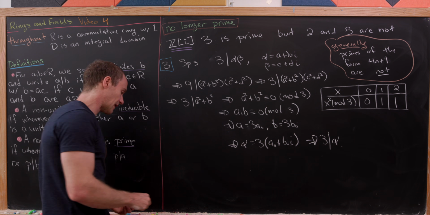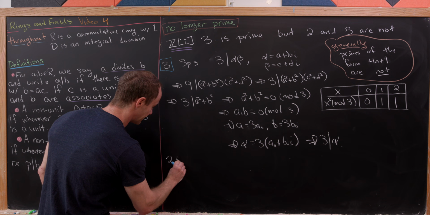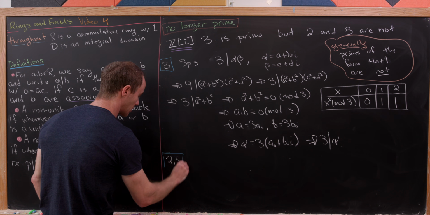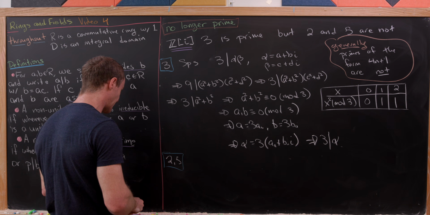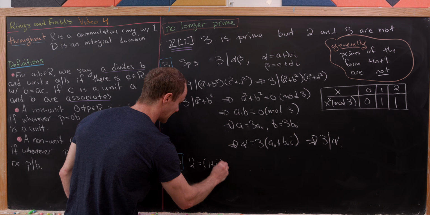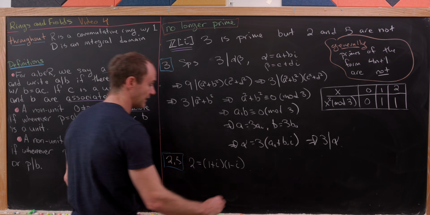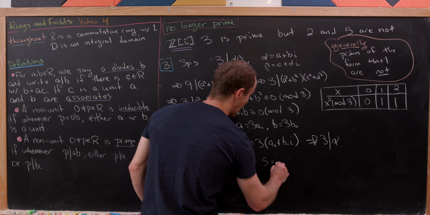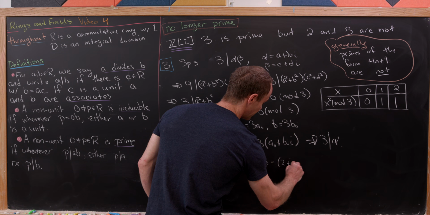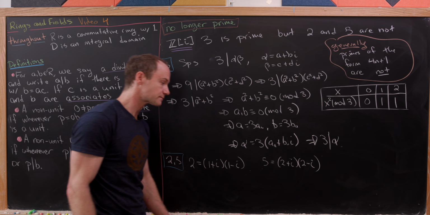Okay, so now what about proving that 2 and 5 are no longer prime? Well, we just simply find a factorization. So notice that 2 is equal to 1 plus i times 1 minus i. And then we can write 5 as 2 plus i times 2 minus i.